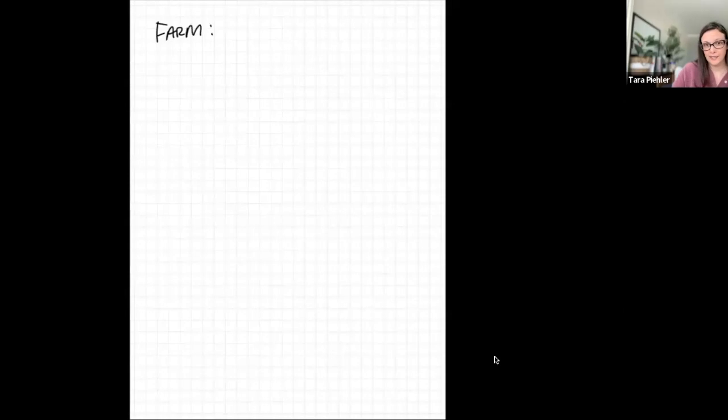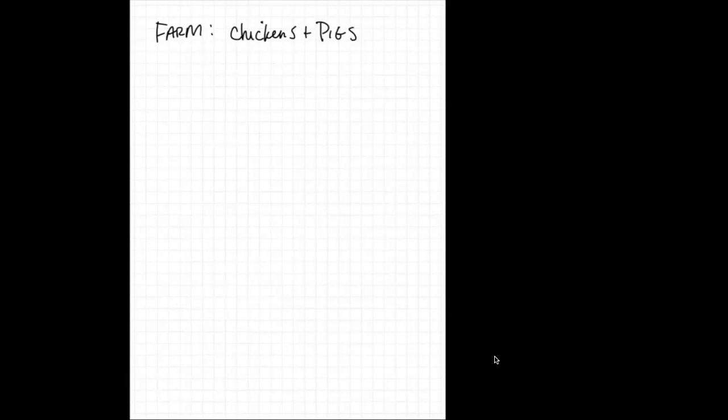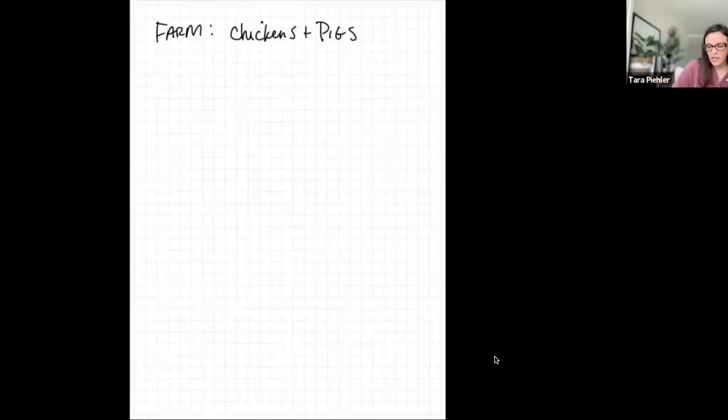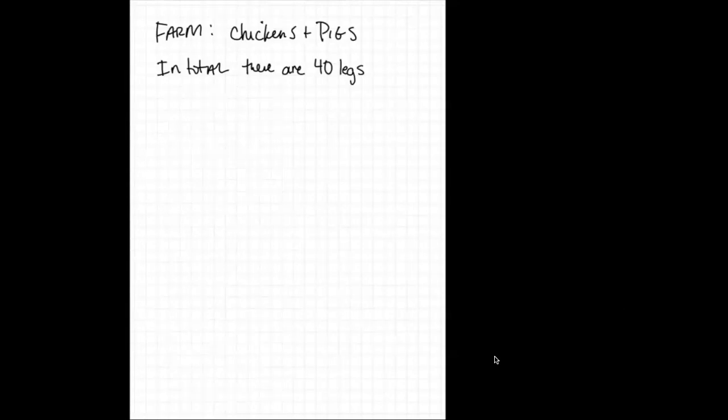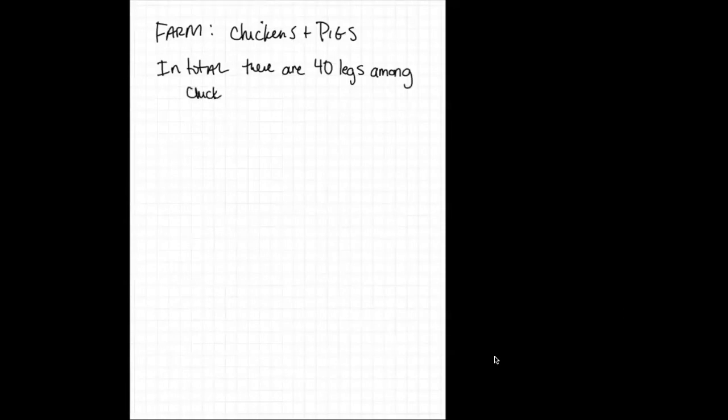They have chickens and pigs. Makes sense, right? In total, this is sort of like a riddle. So in total, there are, sorry about my handwriting, 40 legs among the chickens and the pigs.